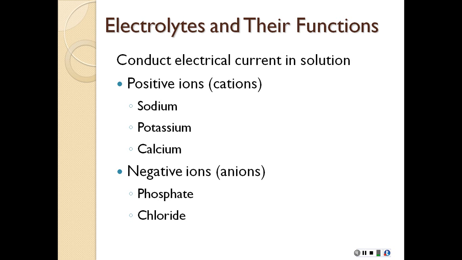Calcium, the same thing with muscle contraction, the heart, bone, negative ions, phosphates, and chlorides. So just be familiar with these. I may on the test ask you about the cations. Remember, those are ions that have a positive charge, and the negatively charged ions that predominate are phosphate and chloride.